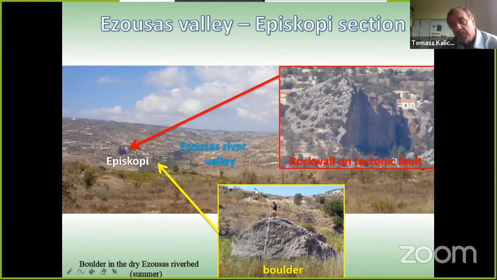But I want to present one interesting section where we have a rock wall, and in the riverbed, in the summer dry river, we have a very big boulder. Here is one of the men, and he is 2 meters tall.